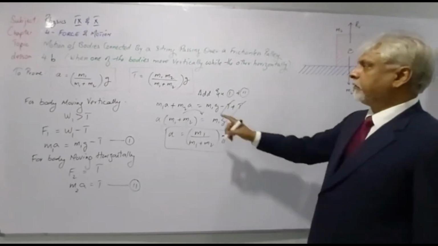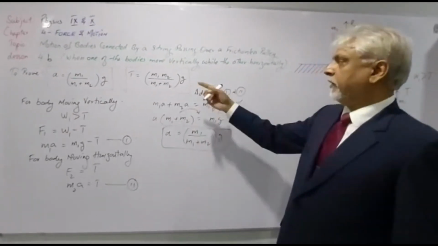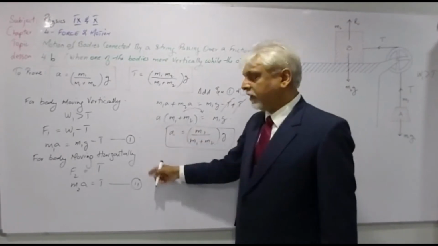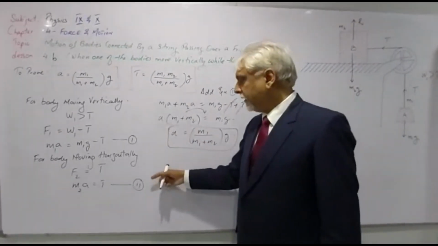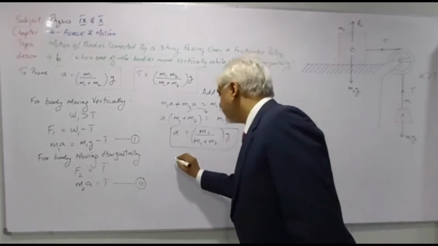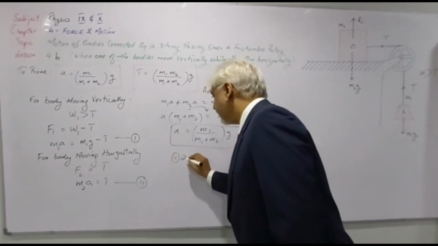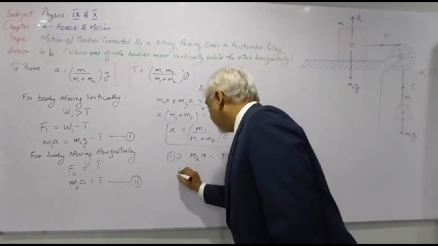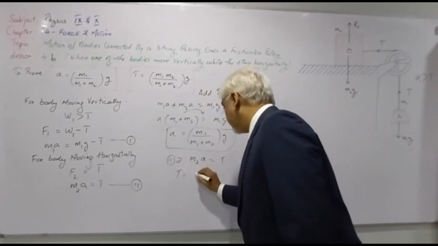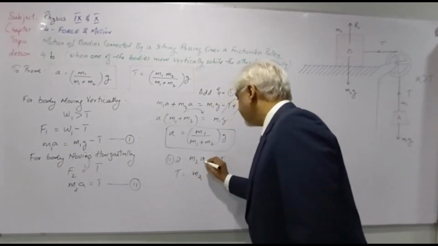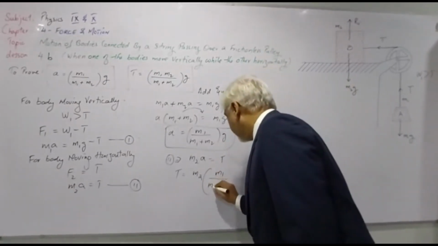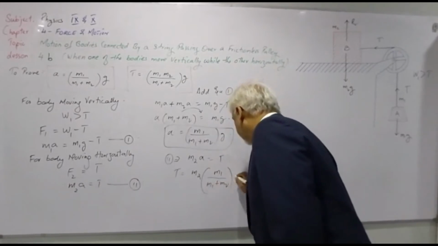Now in order to get tension, to find the value of T, we substitute the value of a from this equation in any one of these two equations. Let's substitute in equation 2. In equation 2 we know that m2a equals T, so T equals m2 times the value of a, which is m1 over (m1 plus m2), times g.